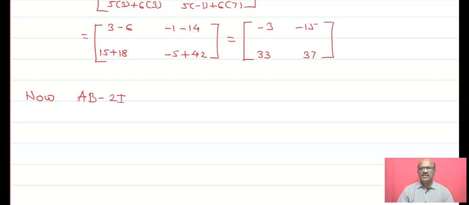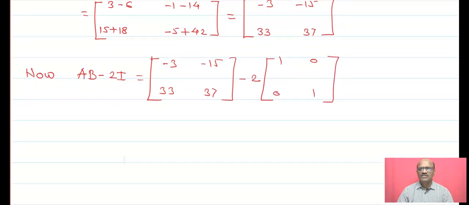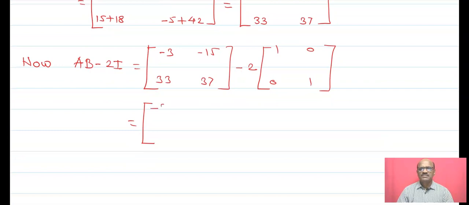Now next is AB minus 2I. That is [-3 -15; 33 37] minus 2 times [1 0; 0 1]. Now multiplication. That is minus 3.